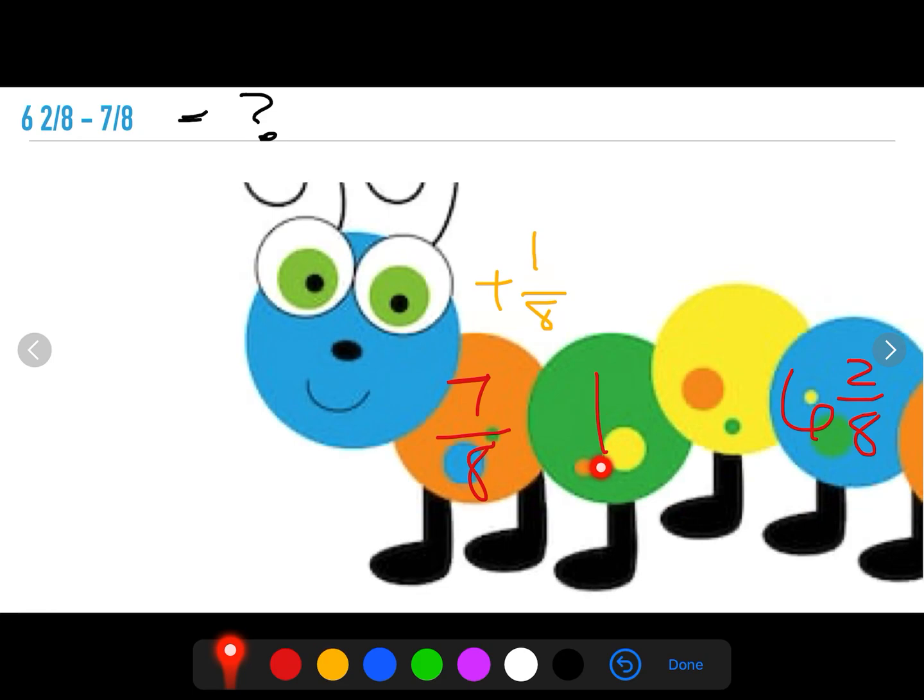Now remember, we're pausing right here. We're going to look at our end point. We're supposed to end at 6 2/8, but I'm only at 1 whole. So we know it doesn't make sense to count up to the next whole number, which would be 2 wholes, because I still am too far from 6 2/8. So I'm going to ask myself, what is the closest whole number in 6 2/8 that I can count up from 1 whole?